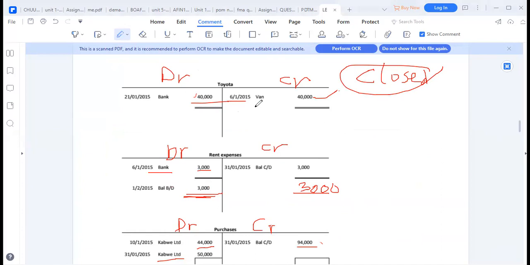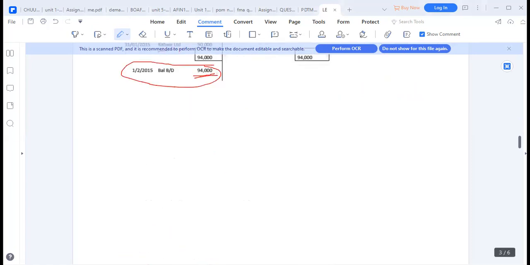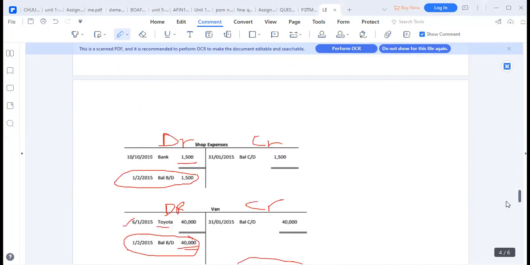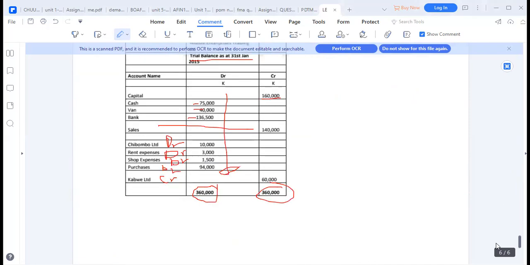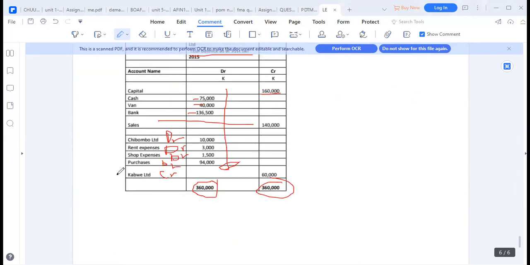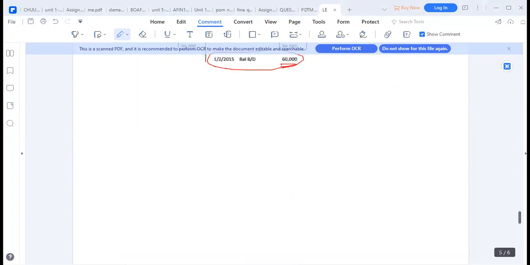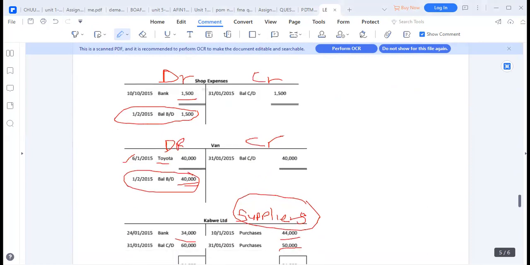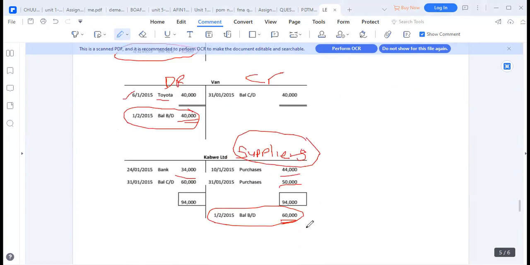We paid them the 40,000, so we're not owing them anything, and they shouldn't appear in our books anymore. Whatever appears in the trial balance are items that are still pending, that still have a balance we need to sort out, like Cabo Limited, we're still owing them 60,000 because we bought from them. So that's why it's appearing.